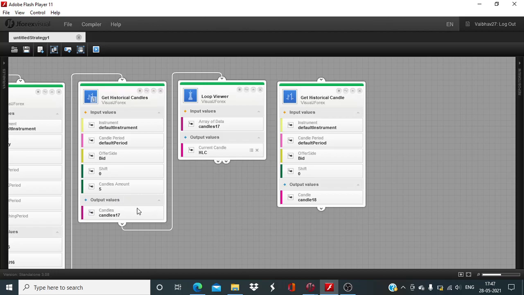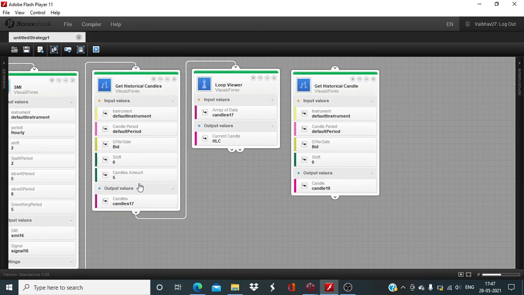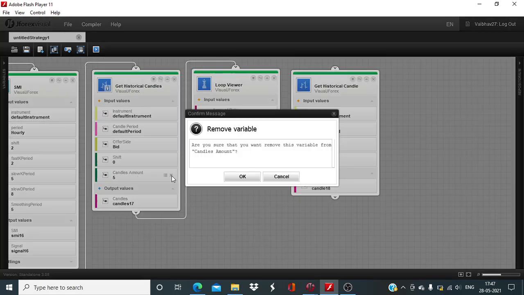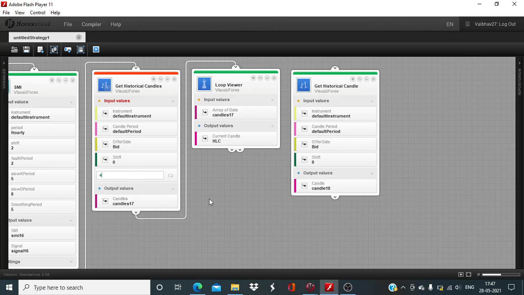We will use these output values to compare the price action over last 5, not 5, we will take 4. So I will change this to 4, and the time period will be changed to hourly.